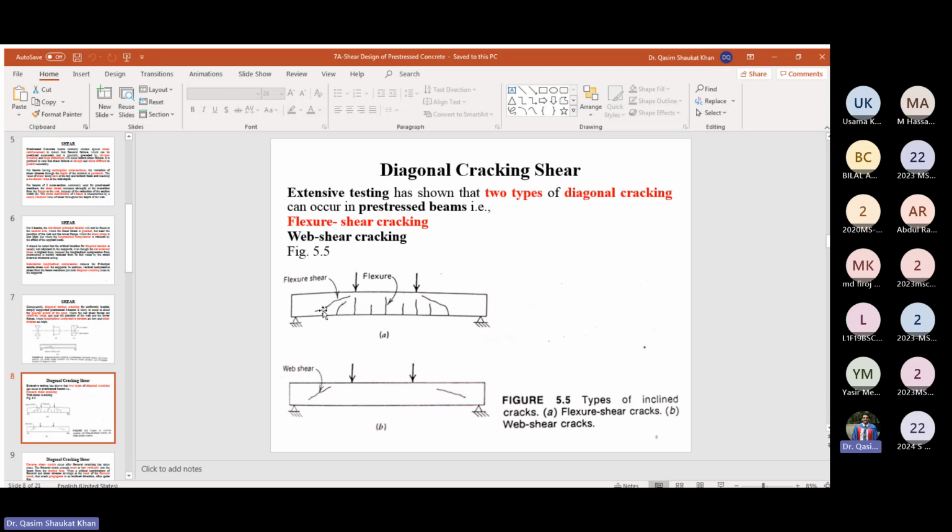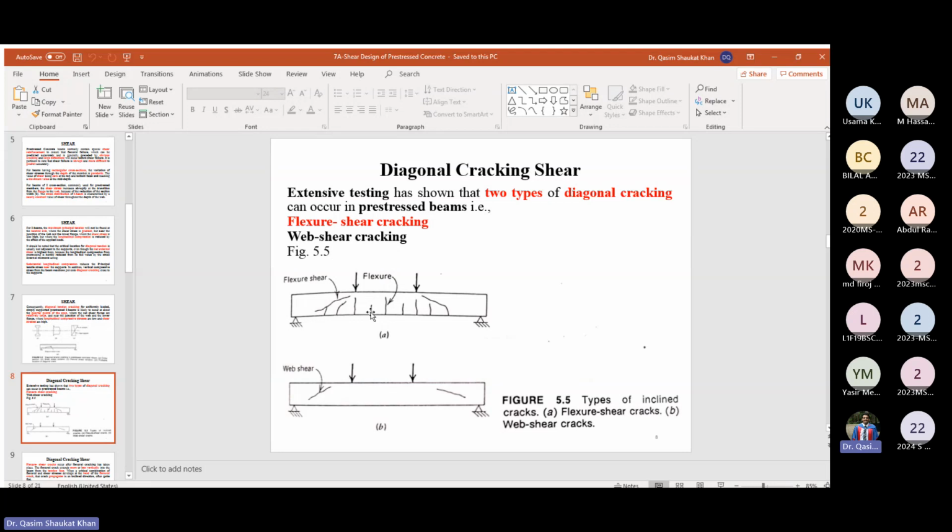The initial part is flexure and this part is shear. So this is the flexure shear crack. Flexure shear cracks we generally see near the face of the support, and at mid span we generally have just the flexural cracks.